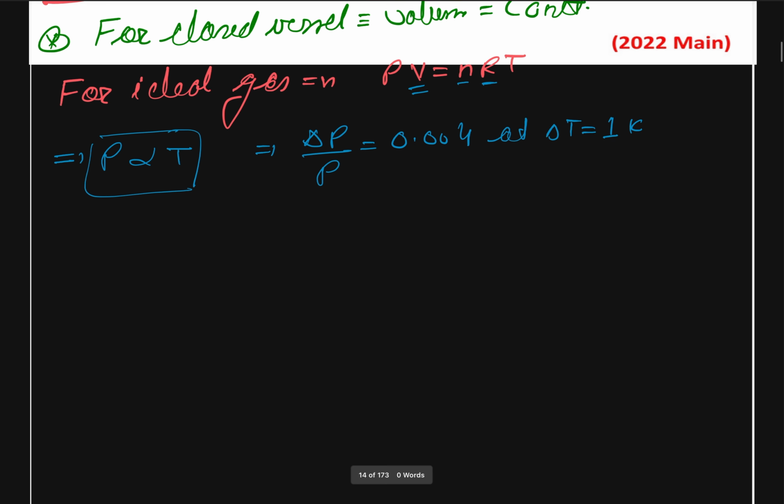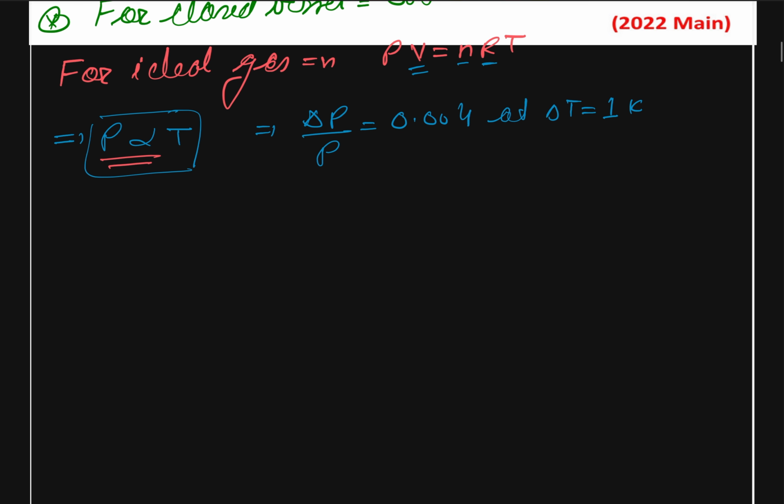Using this relationship, P upon T is equal to a constant.